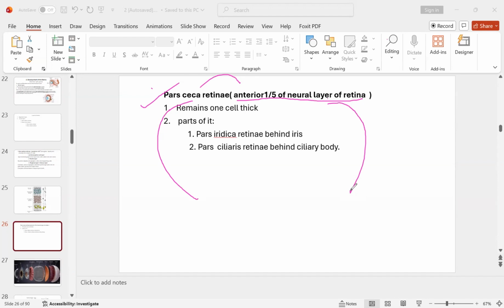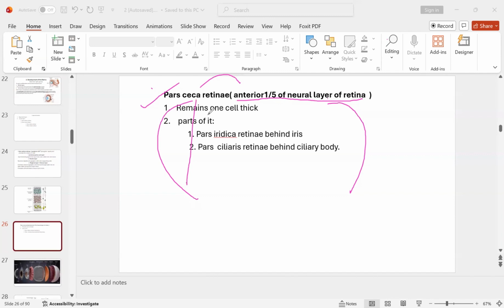But the difference is that of the inner layer of the optic cup, which is giving rise to the neural layer of retina, only anterior one-fifth of that layer is giving rise to the pars ceca retinae, and the rest is giving rise to the pars optica retinae.